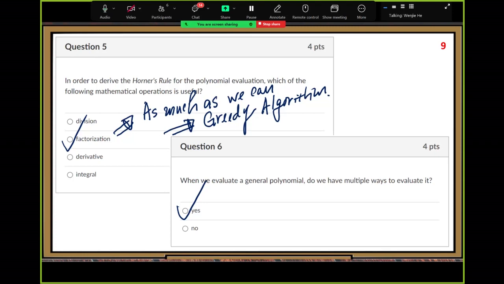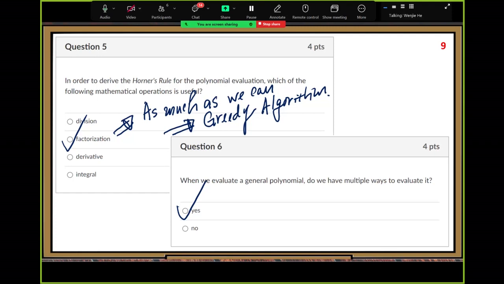This question looks so simple, but the reason I made this question is to make sure you are familiar with our materials. Some students may not be familiar with our materials.